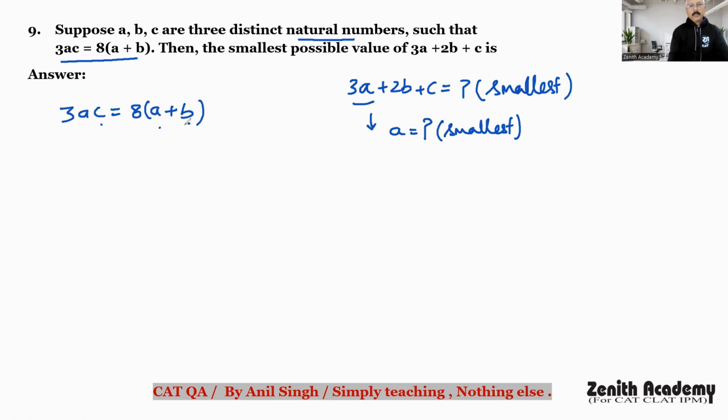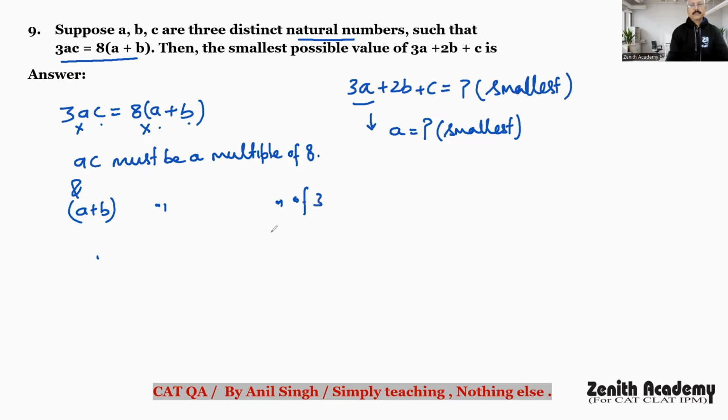See, 3AC is equal to 8A plus B. It suggests that the left hand side is a multiple of 3 and the right hand side is a multiple of A. So it is very easy to decide that AC must be a multiple of 8, and therefore A plus B must be a multiple of 3.